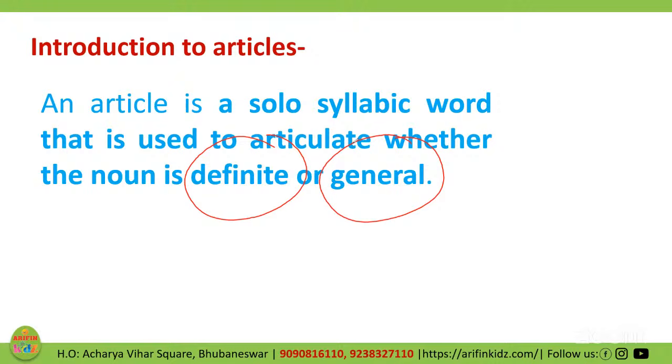An article is a single-syllable word that is used to articulate whether the noun is general or definite. So the only task of the article is to define whether the noun is definite or general. Now, let's understand what is a definite and what is a general article.